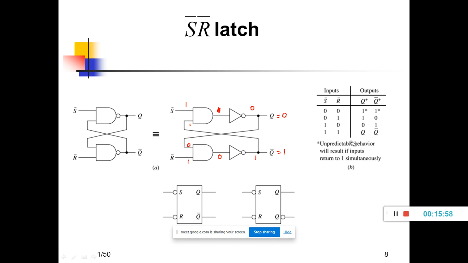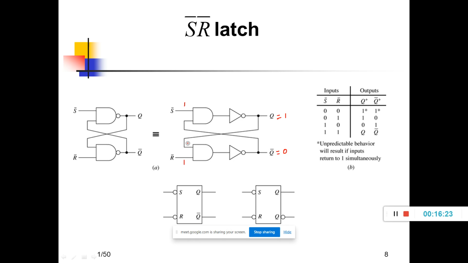Okay, let me explain with taking Q as 1 and Q bar as 0. I'll apply again 1 for S bar and R bar.